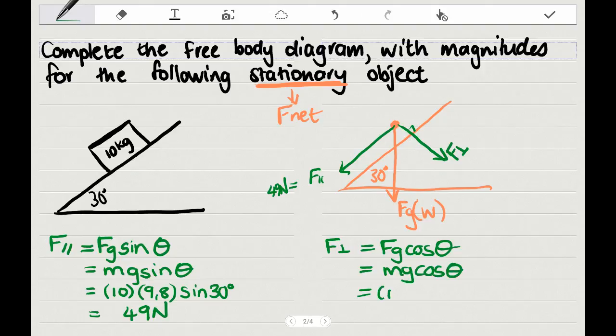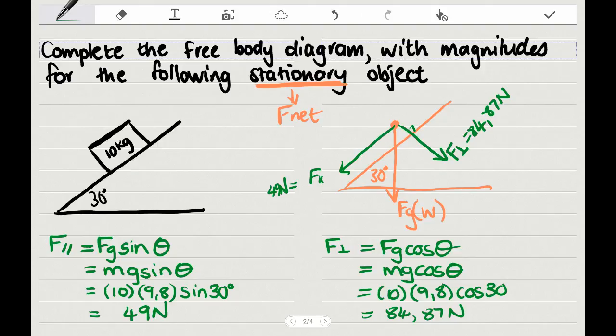So this here is 10 times 9.8 times cos of 30, which is 84.87 newtons, rounded off to the nearest two decimal places. So this here is 84.87 newtons.